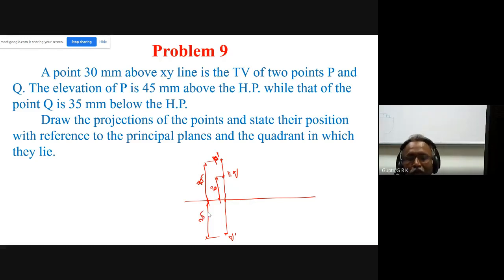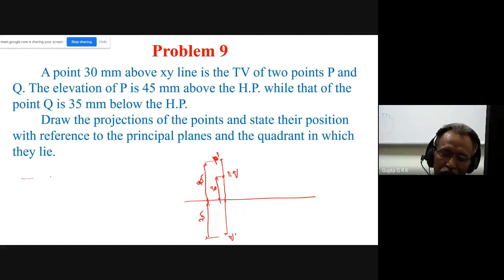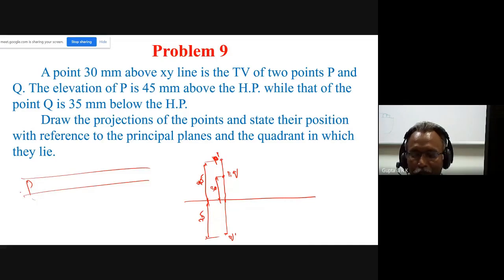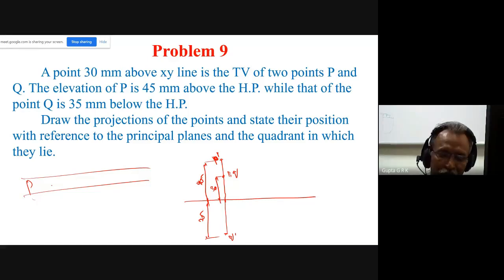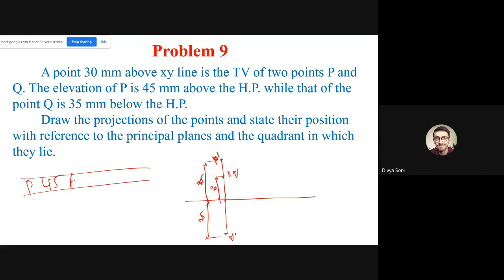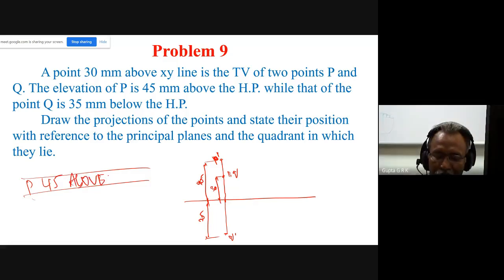Draw the projections of the points and state their position with respect to the principal planes and the quadrant in which they lie. Okay, so now I have to draw lines like this. So P with respect to principal planes means above HP or below HP? Above HP. How much? 45 above HP.